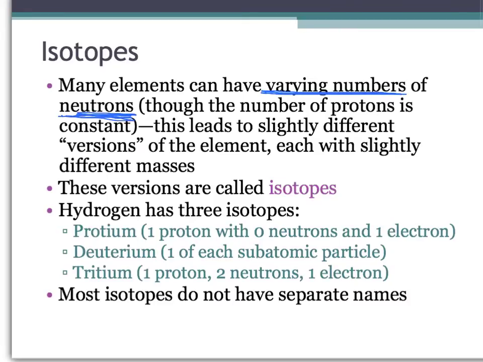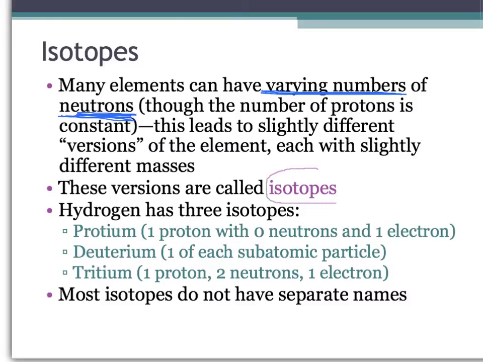So the nucleus can be slightly different from one atom of, say, hydrogen to another atom of hydrogen. It will always have the same number of protons. It will always have just one proton. But the hydrogen atom might have a different number of neutrons, which causes there to be some variation and some difference in the ways that the atoms behave sometimes.